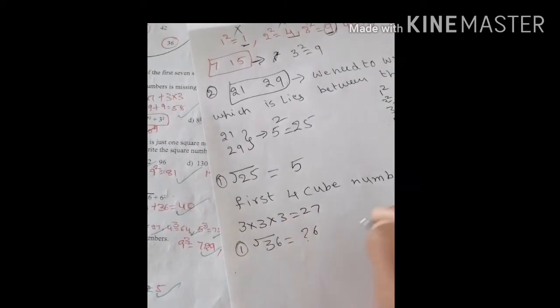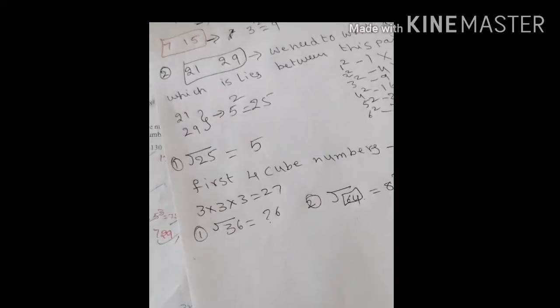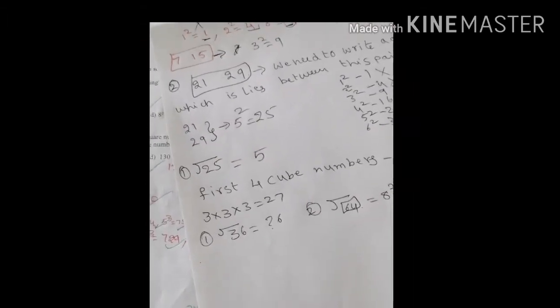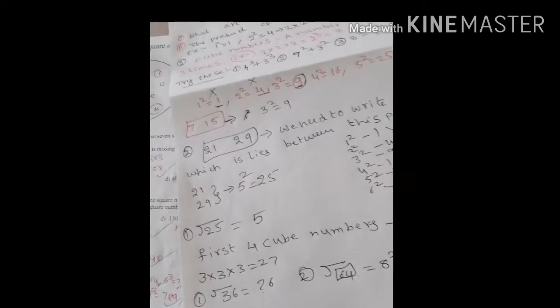So we need to write the answer 6. And the second one is root... So 8 square equal to 64. So this is the way we will solve this type of questions. And at the same time in this video I am showing indices and powers rules as well.